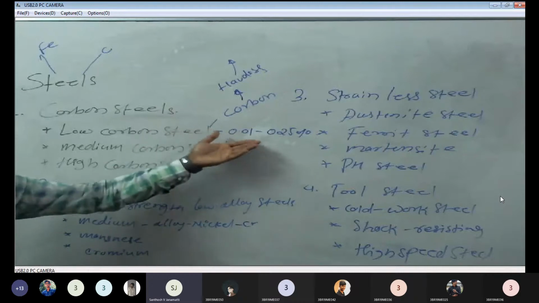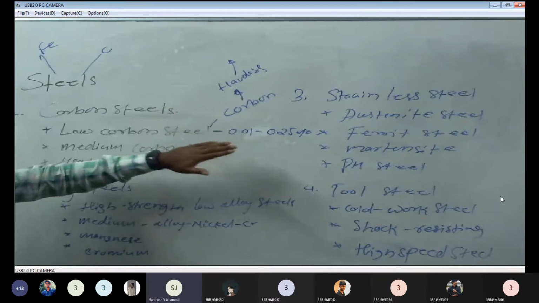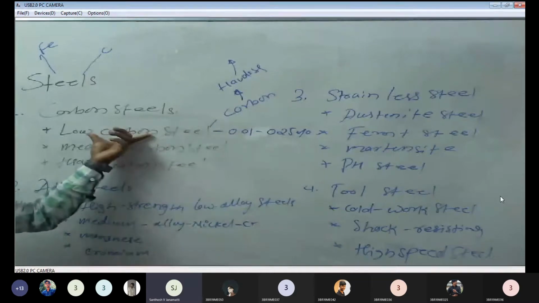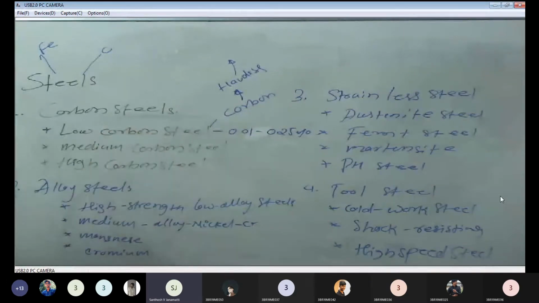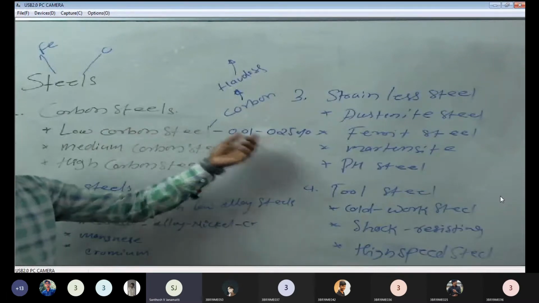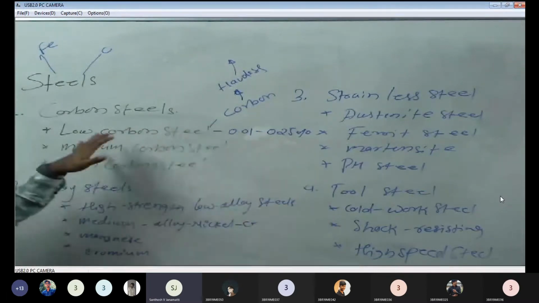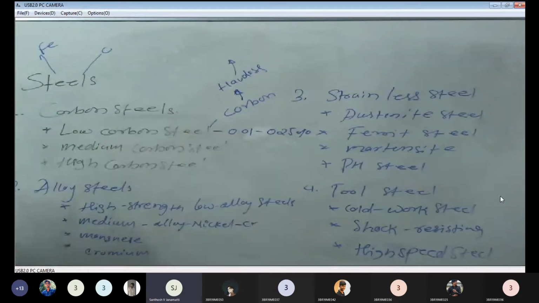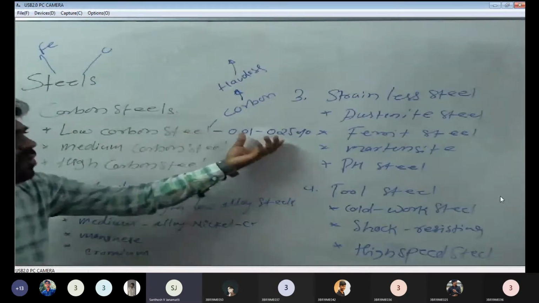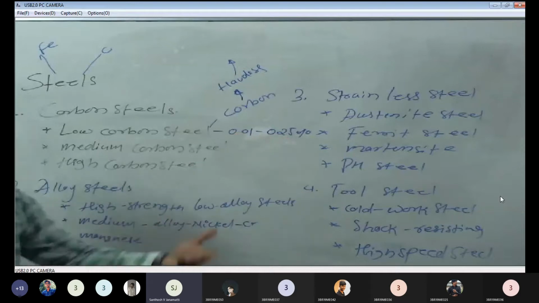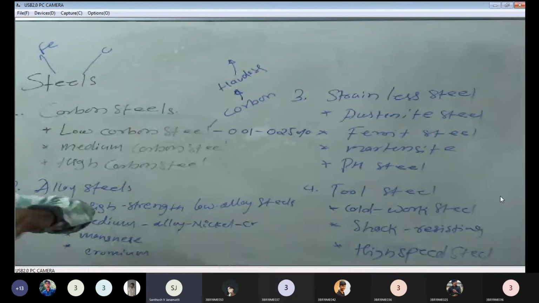What kind of property can we expect, and based on that property, where can we use these kinds of steel? That is the question.